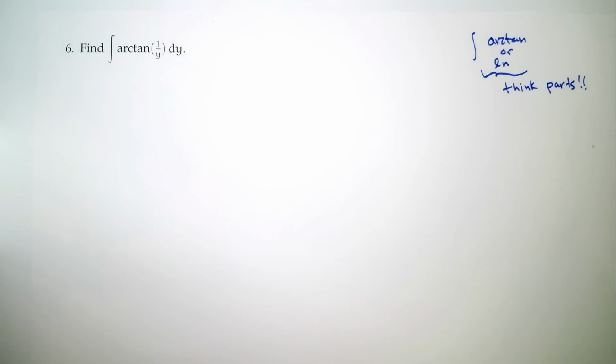But when you have arctangent and log, what happens is that the derivative becomes a rational function. So the derivative of log is 1 over x. The derivative of arctangent is 1 over 1 plus x squared. So when you have that type of phenomenon happening, that becomes a really good argument for saying, okay, we should do integration by parts.